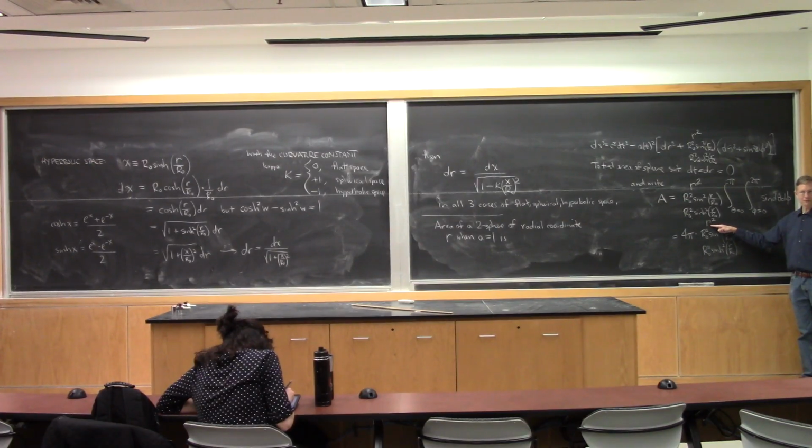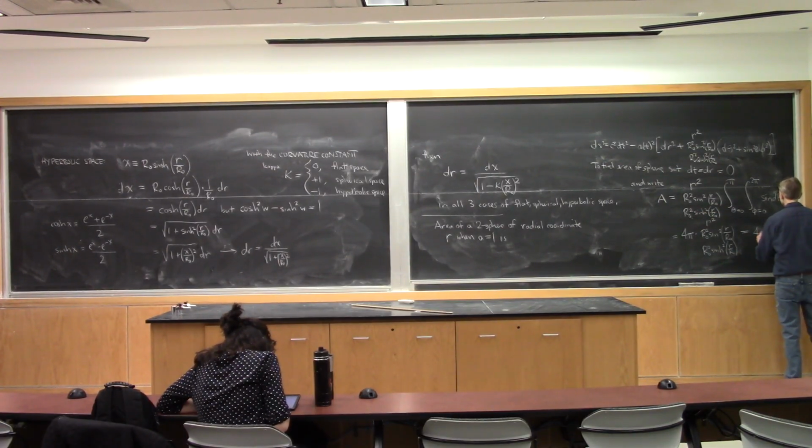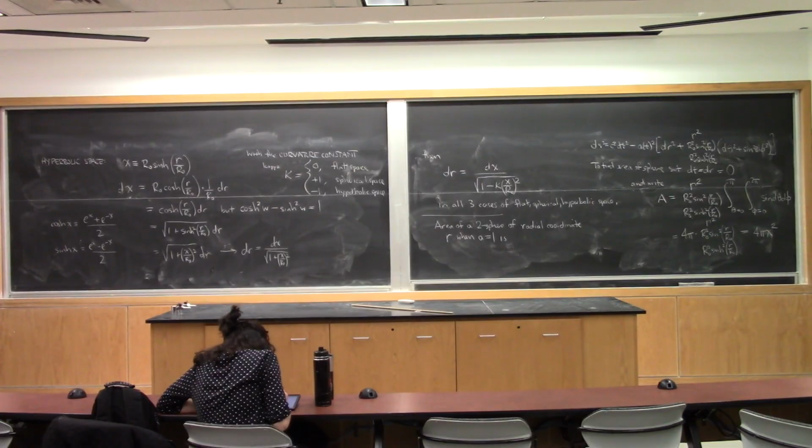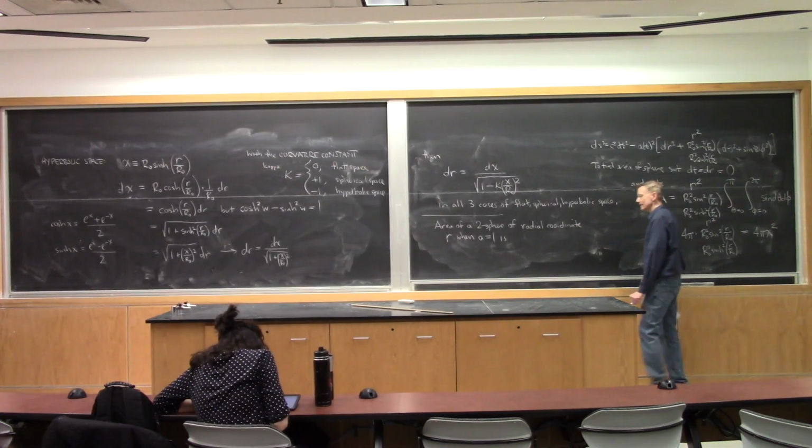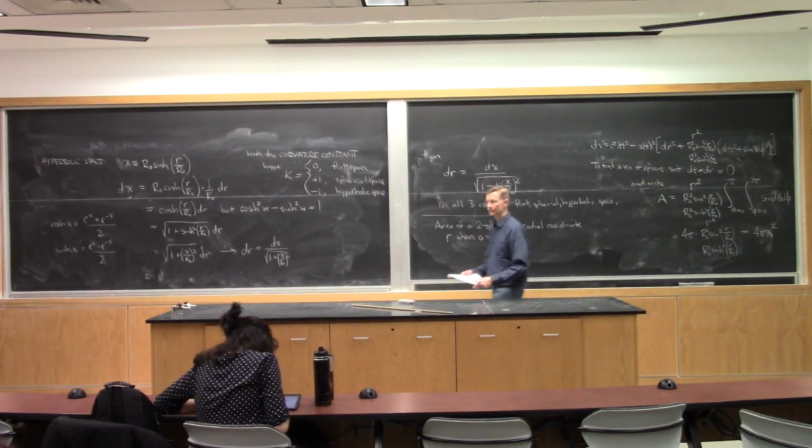In flat space, there's no curvature, so the radius of the sphere is infinity in flat space, so to speak. So in every single case, the area of a sphere is 4 pi x squared.